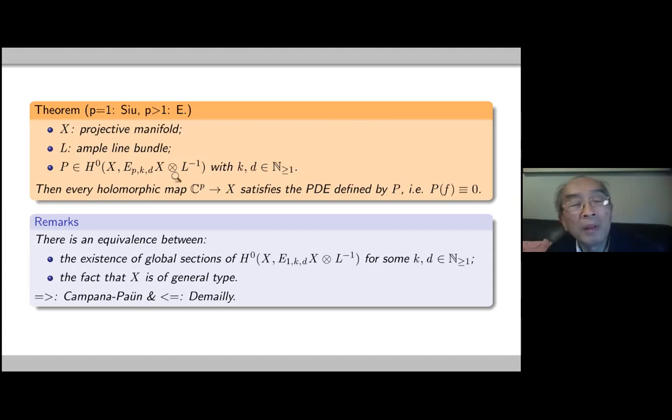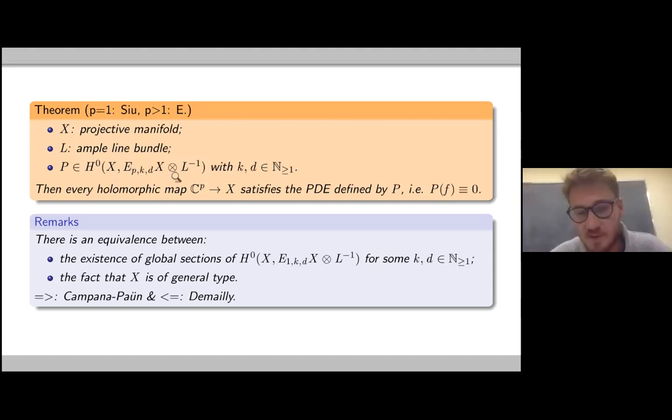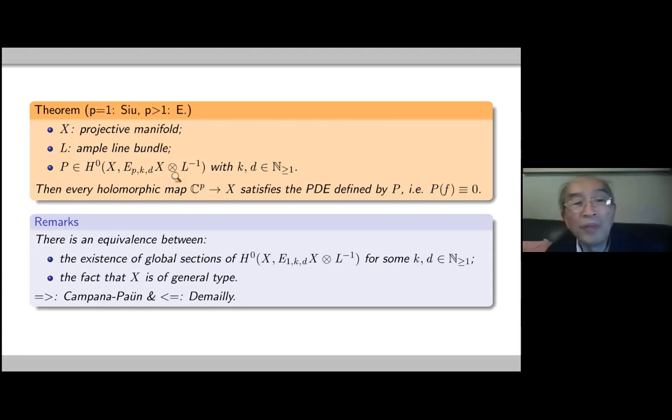Yeah, I mean, it is a Fermat hypersurface, but the thing is that they are really symmetric and nice enough so that we can do explicit computation, as we will see.